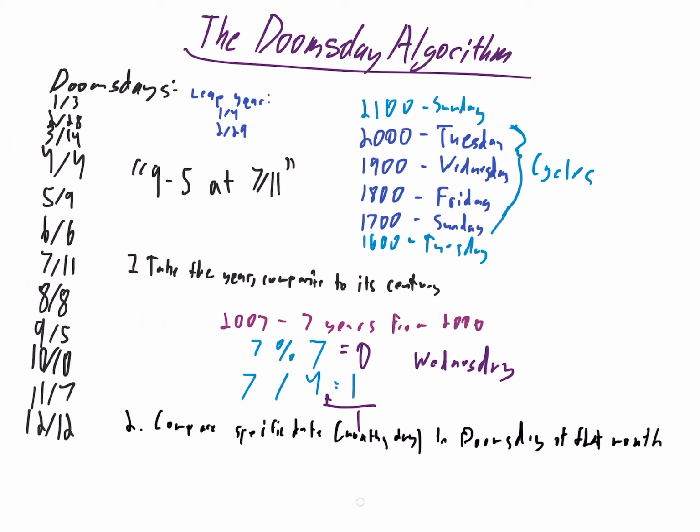Let's say in 2007, they give you the date October 22nd. So you take that date, 10-22, as an example. Excuse me about my handwriting, it's not very good. It's the 10th month, so you compare it to the doomsday of the 10th month, which is 10-10.